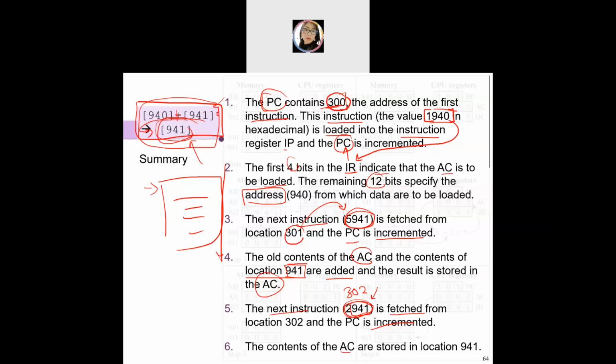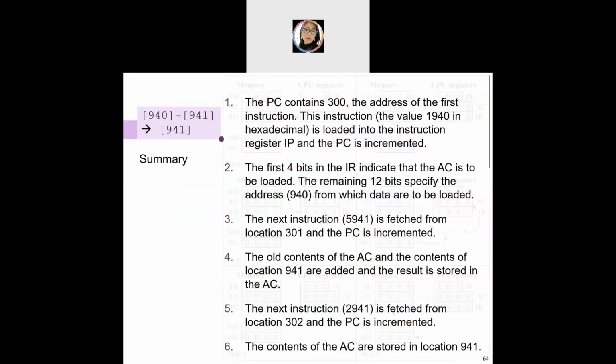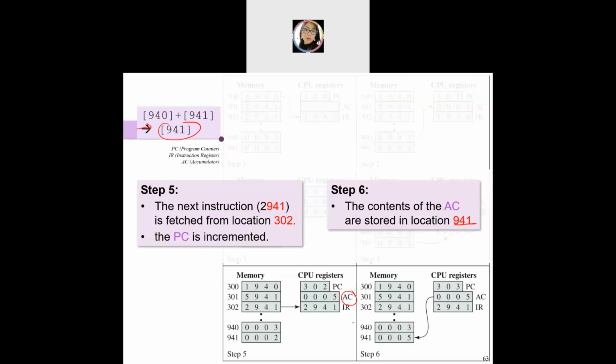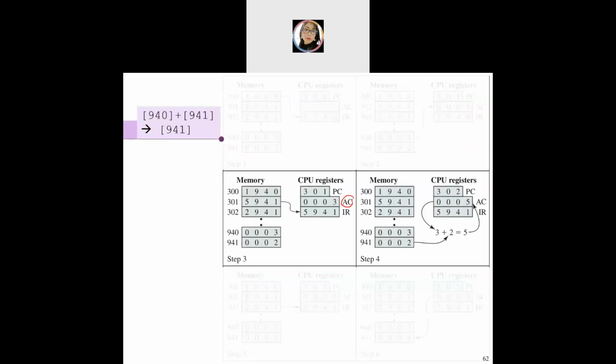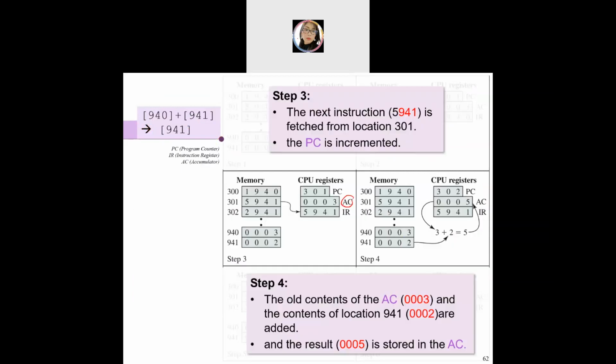So SC will be stored at 941. So supposedly in the exam, it will be informed the full instruction. But here is just a very simple one, but you need to know how to follow the steps step by step. And the value inside will also be different.